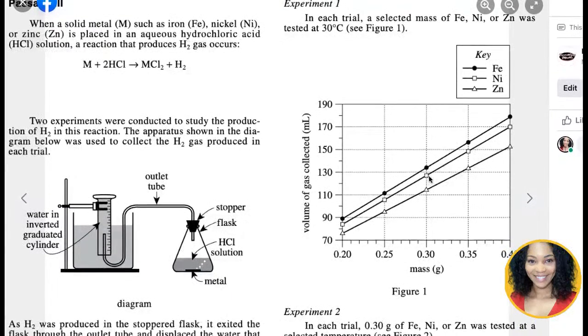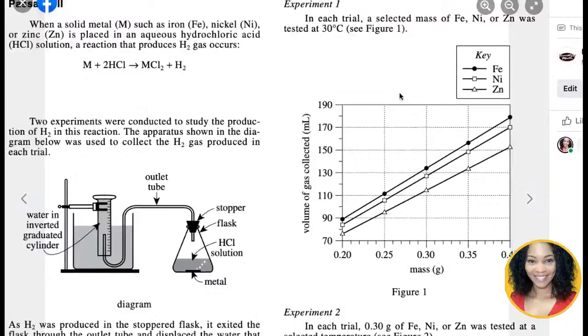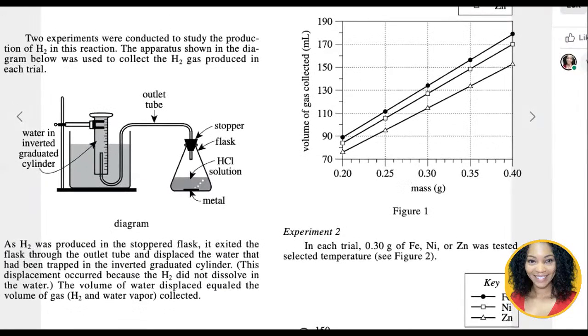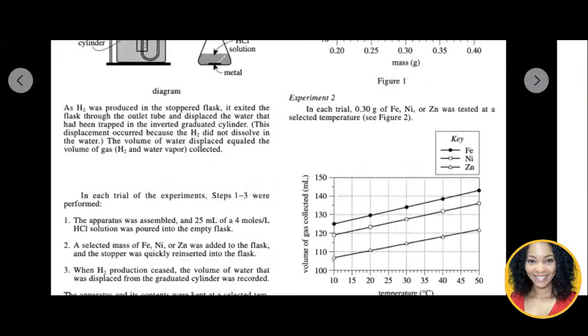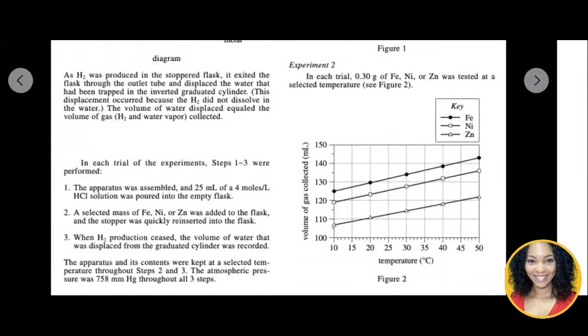Okay, then we want to go down, except my mouse doesn't want to work. Don't know why that is, but let's look at experiment 2. And we can see volume and then temperatures across the bottom.